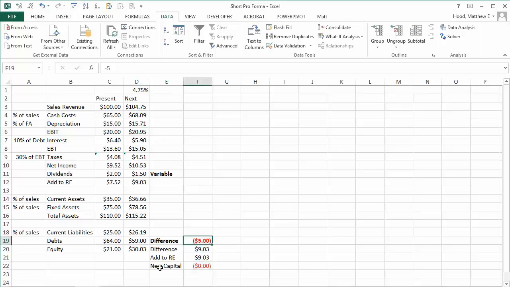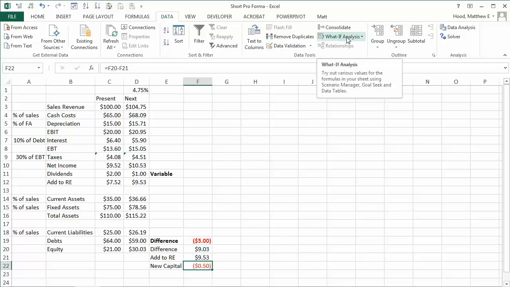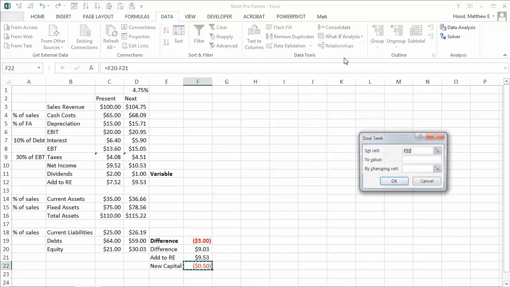So difference of 5. Let's say that I want to have a dividend of $1, and I'm going to allow the new capital number to change. Instead of using the Solver this time, just for variety, I'm going to use the what if analysis, the goal seek.